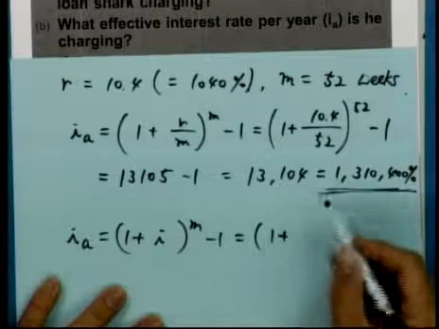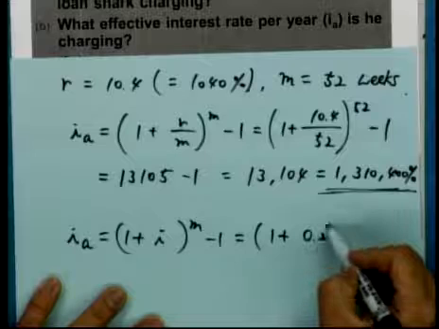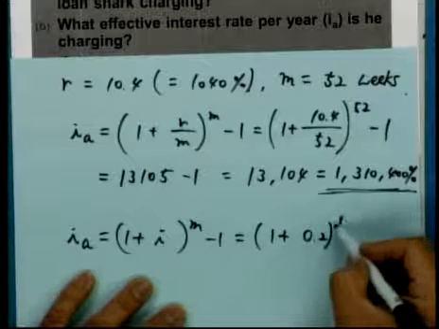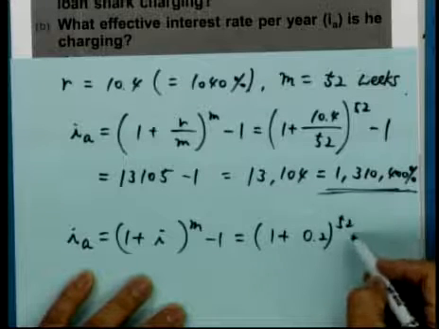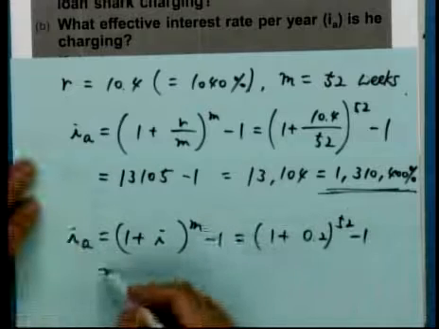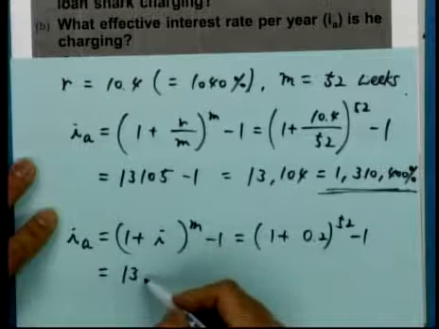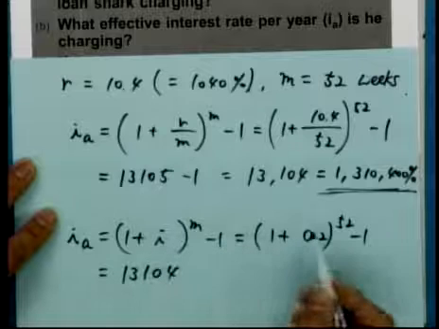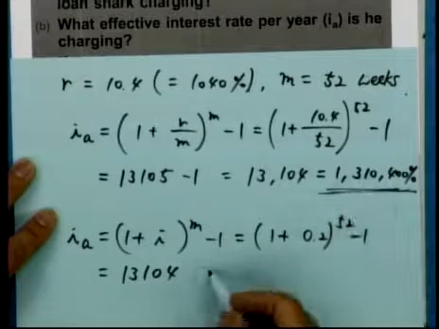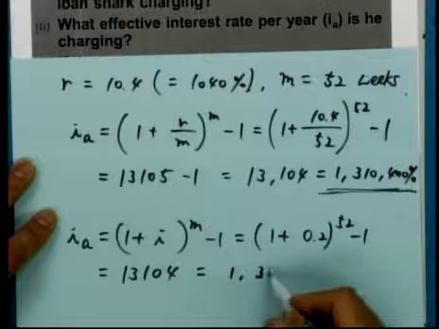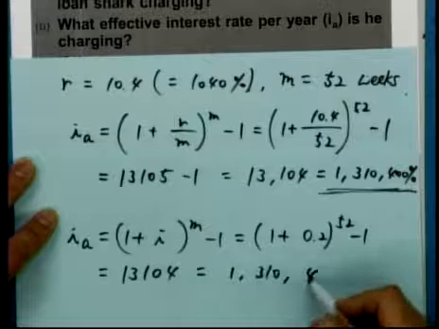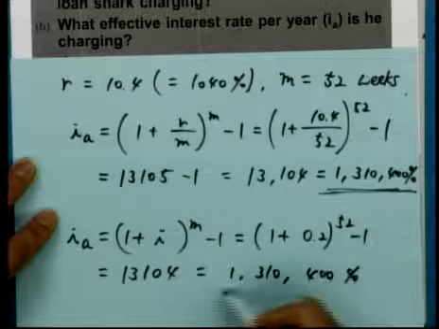Here, 1 plus I is going to be 1.2, and M is 52, minus 1. I believe this would be the same value, 13,104, which is the same as this. So 1,310,400%. Okay?